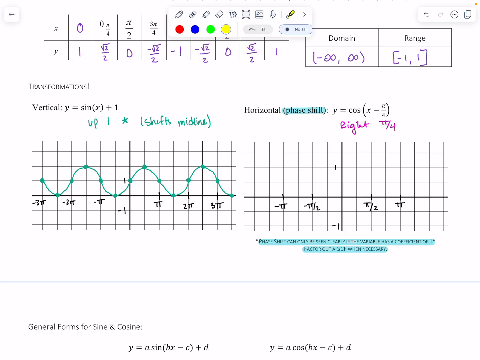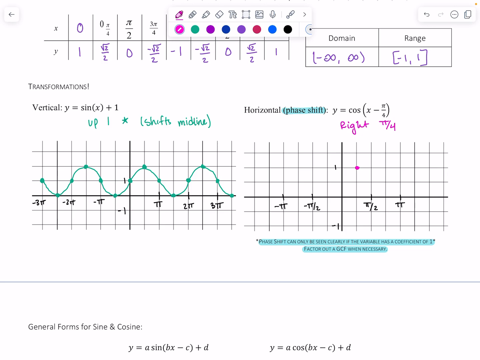So I'm thinking about cosine. Cosine, I'm going to start at, so my parent function would be here. I'm just simply going to shift this over this amount. And we know that we end up going through a full cycle of 2 pi in order to get there.